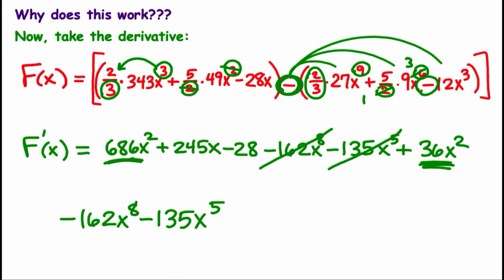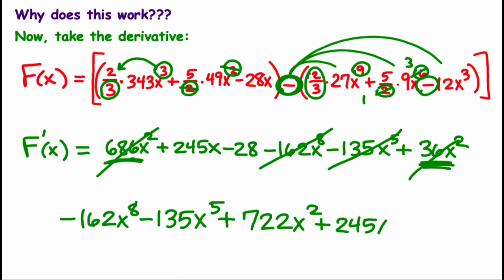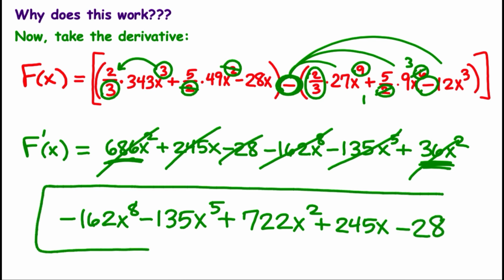Then the squareds, what did I say that was again? 722. So that's both of those combined, plus 245x, minus 28. And that's my answer.